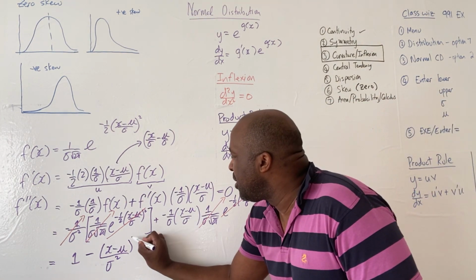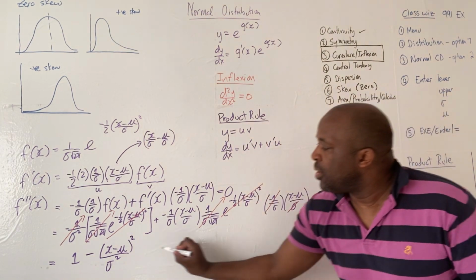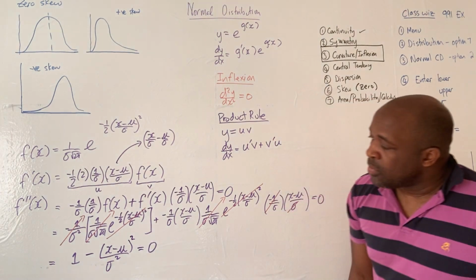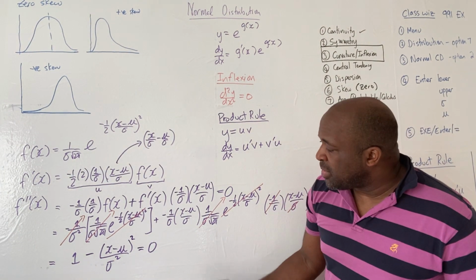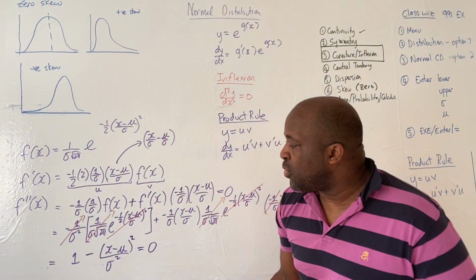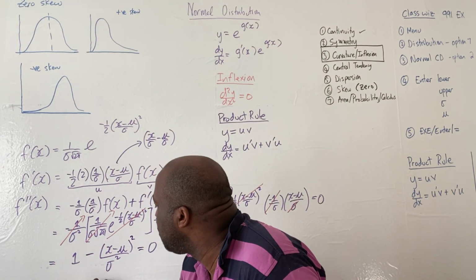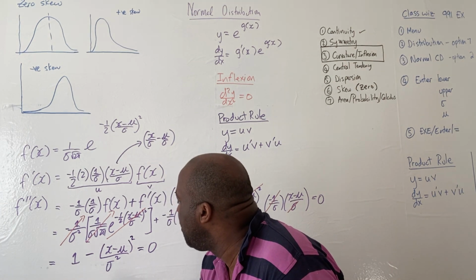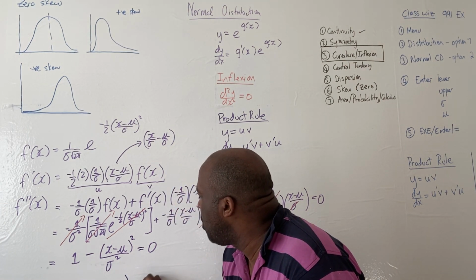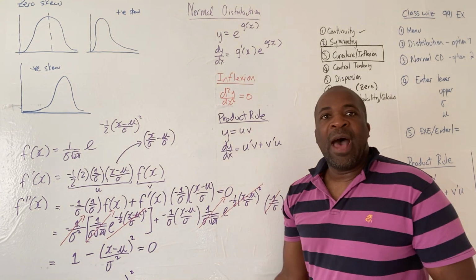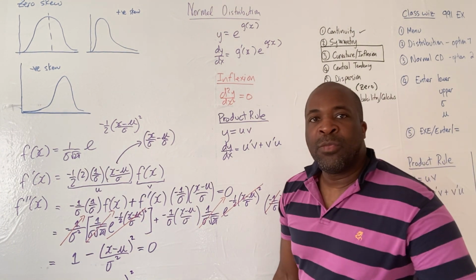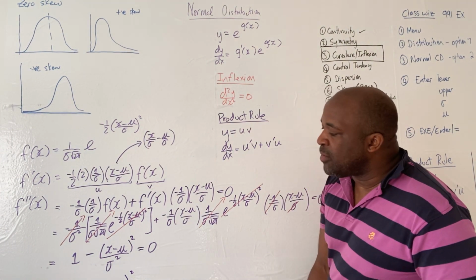So that will be square equals 0. Rearranging and multiplying, we can multiply through by sigma square on both sides. This implies that sigma square is equal to x minus mu all square. And from here, we can take the square root of both sides.